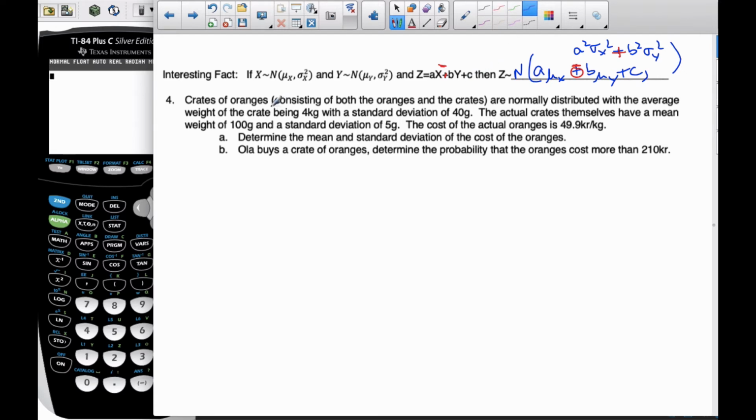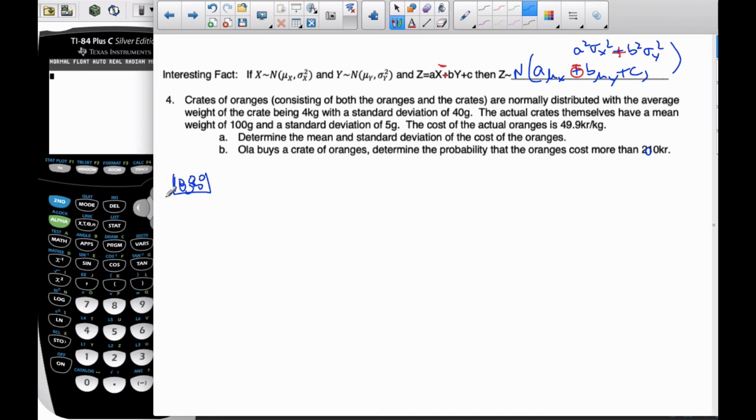All right, here's our example. We have a crate of oranges, and this is going to be 200. You can change that on your notes if it hasn't been noted. Imagine you have crates, and inside are oranges. They are normally distributed with an average weight of the crate being 4 kilograms with a standard deviation of 40 grams.